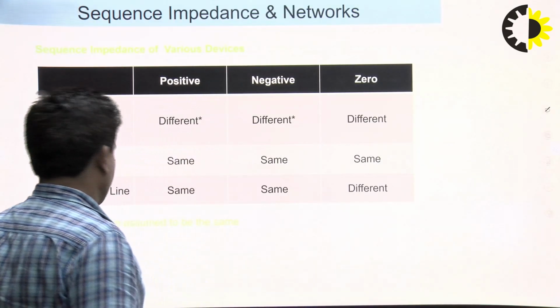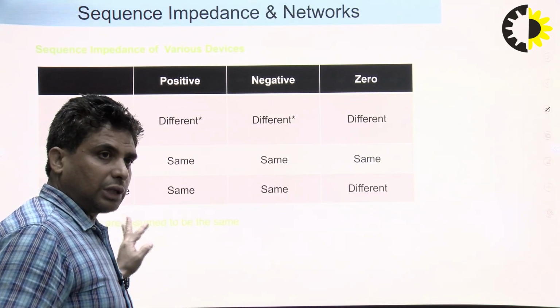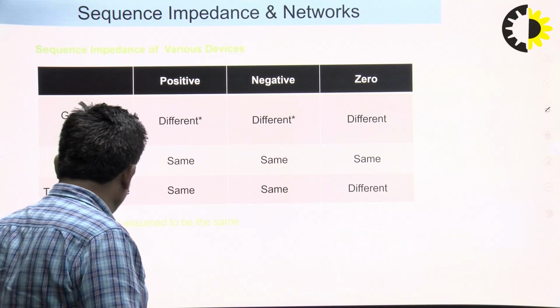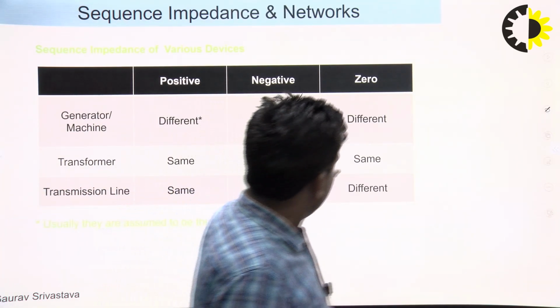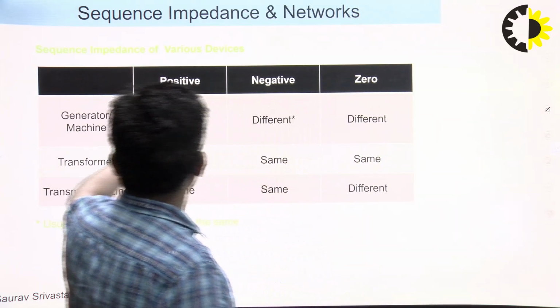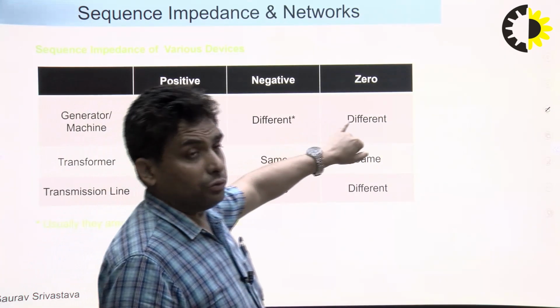But usually, for calculation purposes, we assume the positive and negative impedances are the same on the generator side, while the zero sequence is very different.